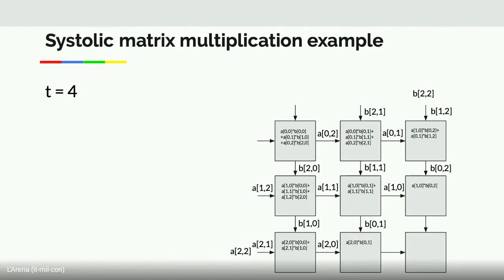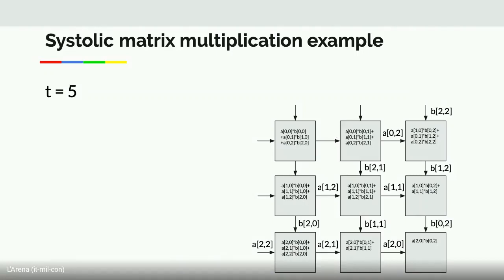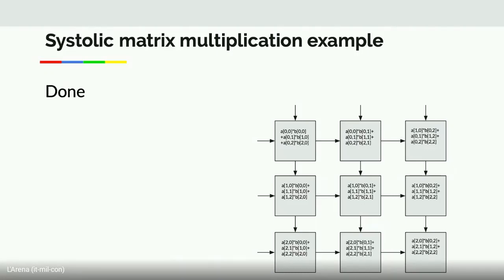When they go out here, they're done, okay? And I don't know if you noticed, if you know how to multiply matrices, the content of this is actually the first element of the multiplied matrix here. And you go on, right? The numbers go in this direction, and they become input. And at the end, when you finish, you have the multiplied matrix here. Okay?